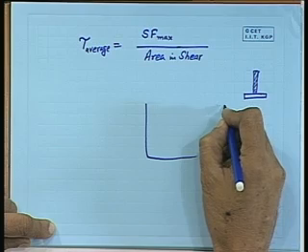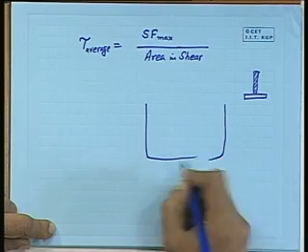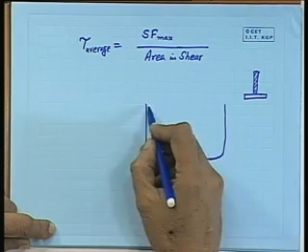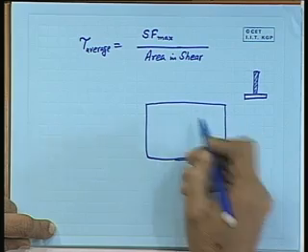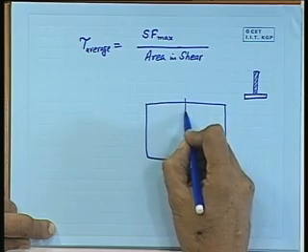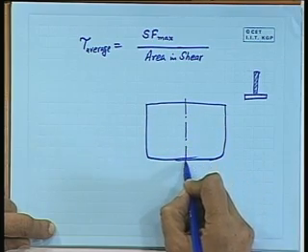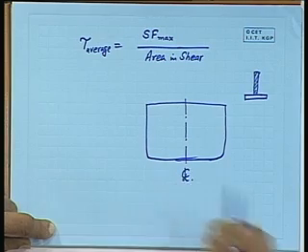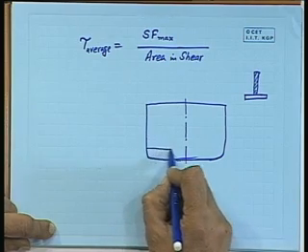Let us take a typical cross section of a ship. This is the center line, this is the bottom I have drawn.